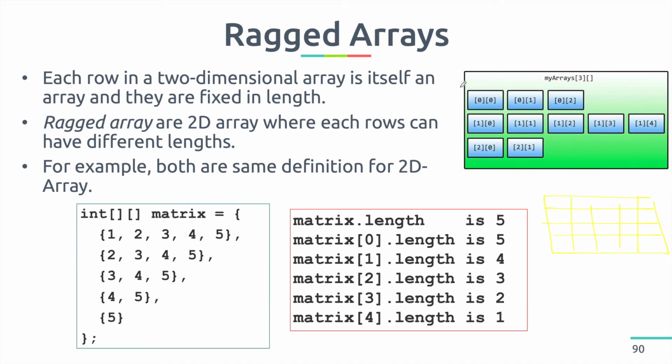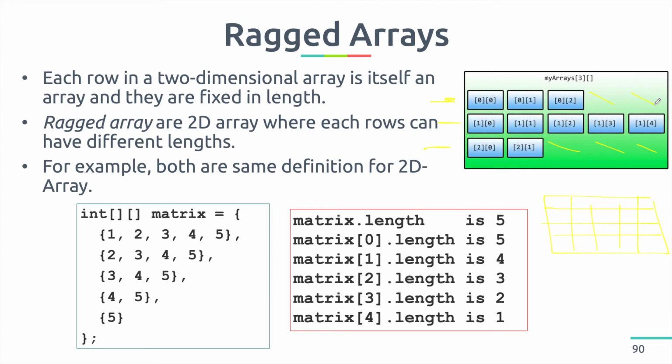Because what if, for example, in my first row, I only need 3 elements. I know for a fact that I won't need the fourth and fifth element. But in the second row, I need 5 elements. And in the third row, I only need 2 elements. So if I use a 2-dimensional array in a rectangular form, then I'm wasting a lot of space that I know for a fact I won't need.